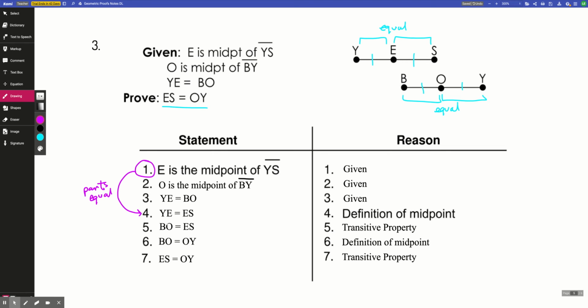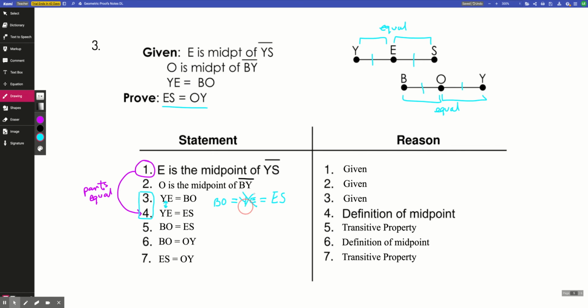Okay, so then what I did next is I said, well, that means BO has to equal ES. So I took these 2 steps, 3 and 4, and I combined them with the transitive property, right? Because they have something in common. They have a link, a middleman here. So I did this, BO equals YE, which equals ES.